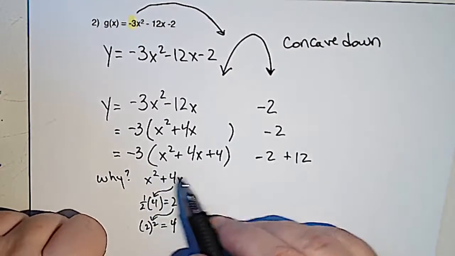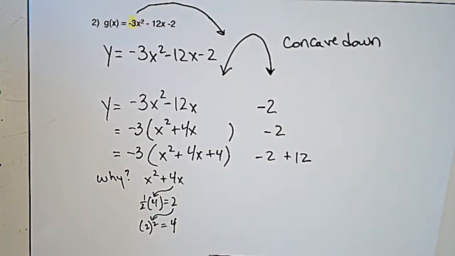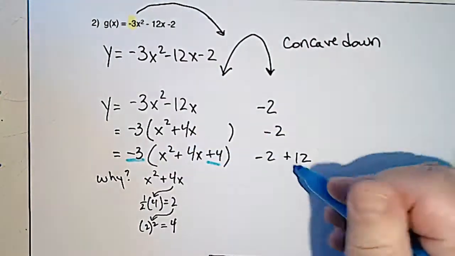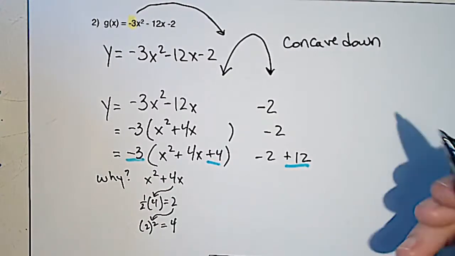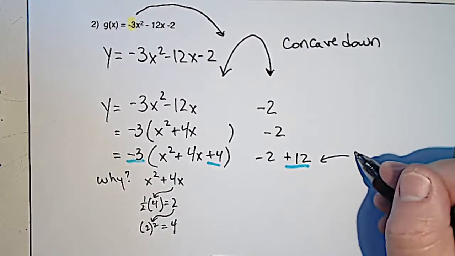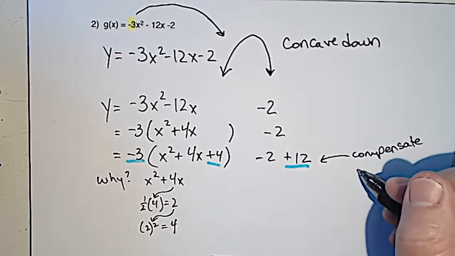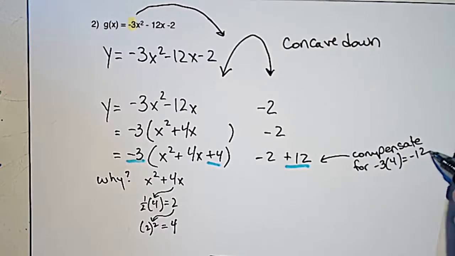So again, I didn't just add 4, I added a negative 12. Let me get my blue pen. I added a negative 12. That's why I had to add a 12, to compensate for negative 3 times 4 equals negative 12. Okay.